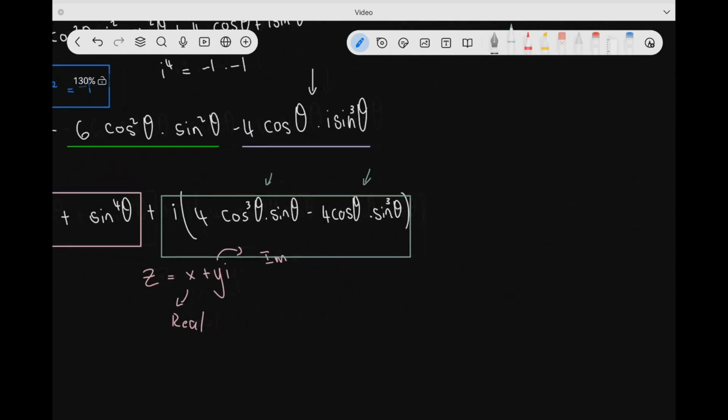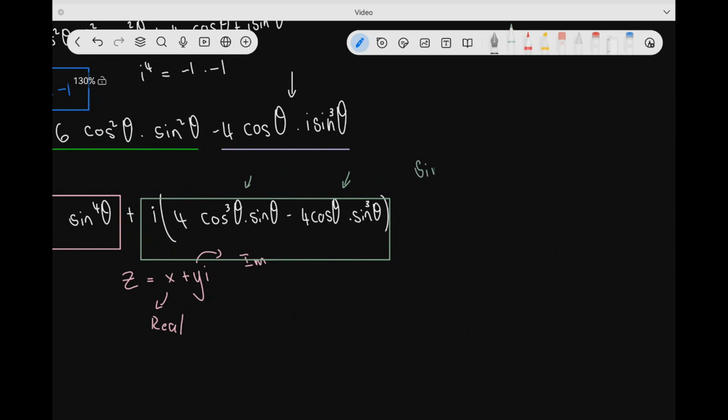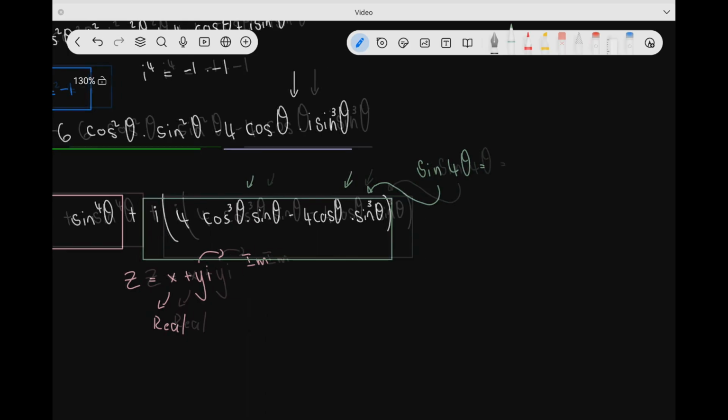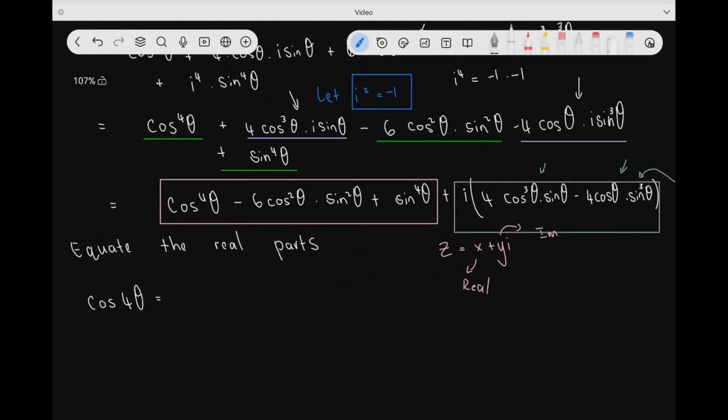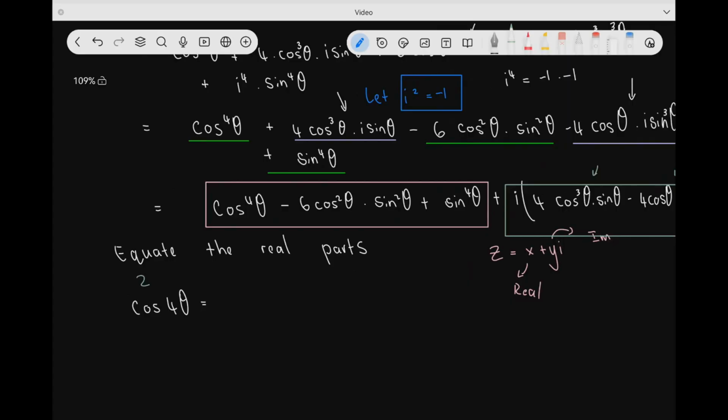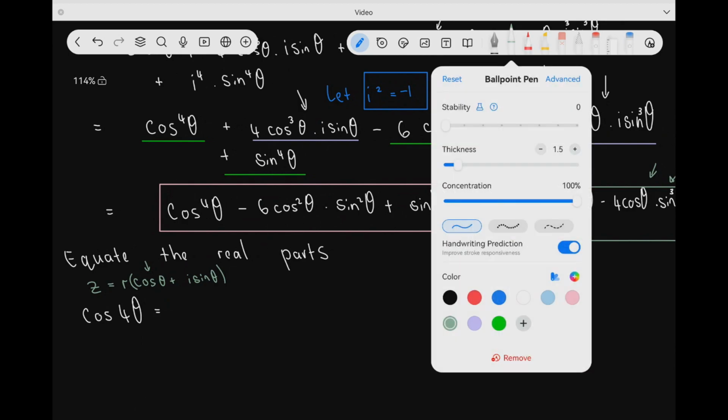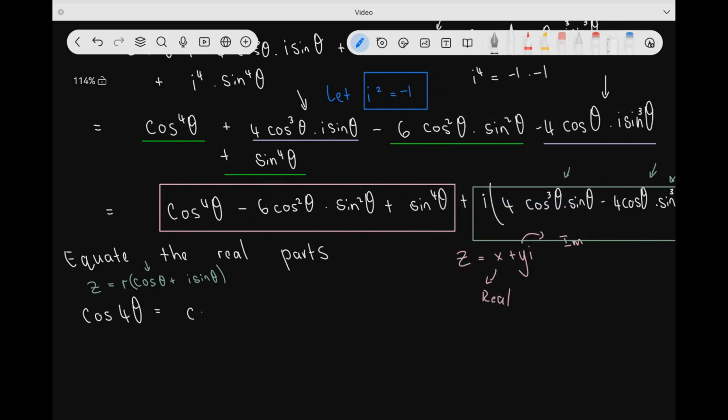So let's say, for argument's sake, you were given sine 4 theta. You will then put the imaginary component equal to sine 4 theta. Okay, but since we're working with cosine, and we can think about our original polar or modulus argument form, cosine theta plus i sine theta with some r, some modulus, we can clearly see that this is the real part. So now I can set the two real parts equal to one another.